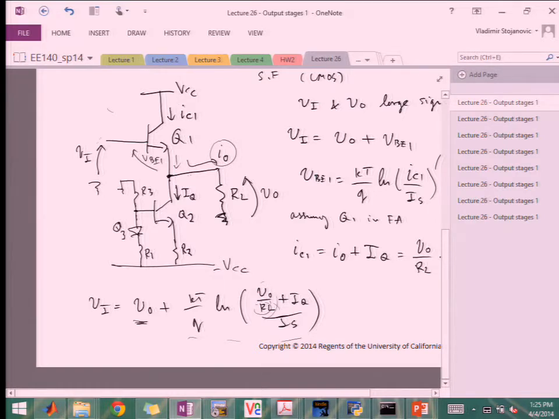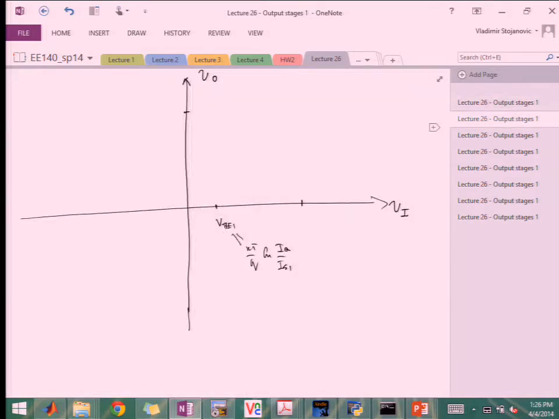At that point, if I keep increasing VI, I'm going to forward bias this junction as well, right? So my max output will be VCC minus VCE1 sat.